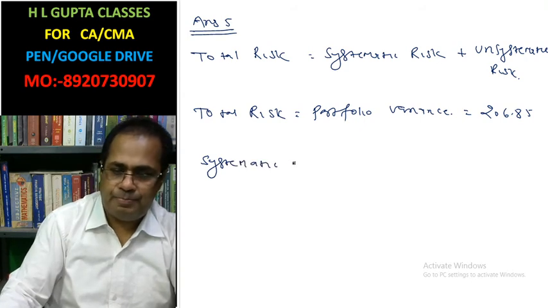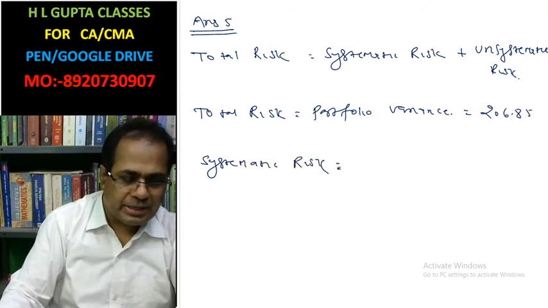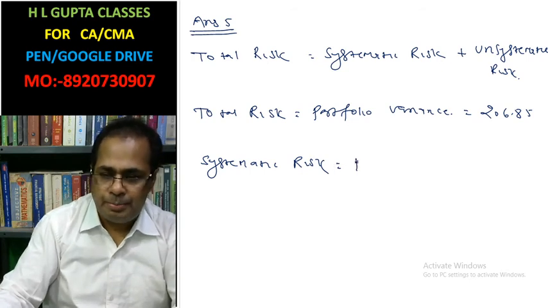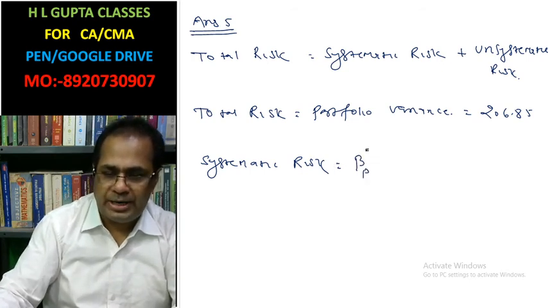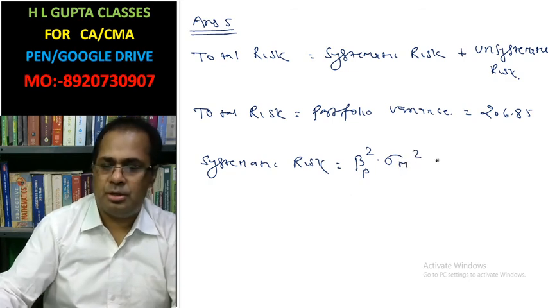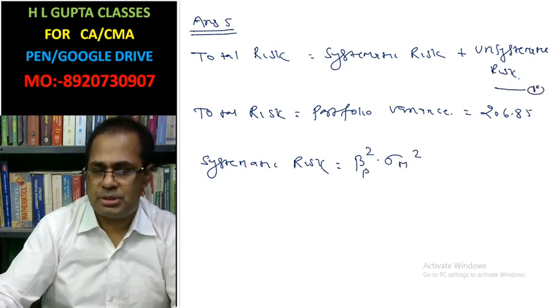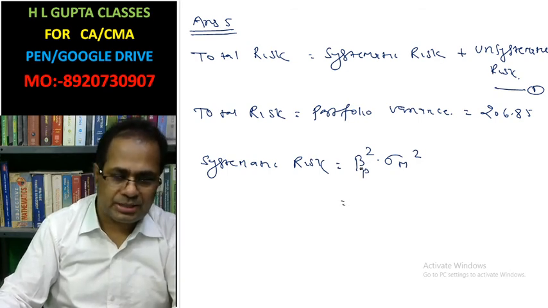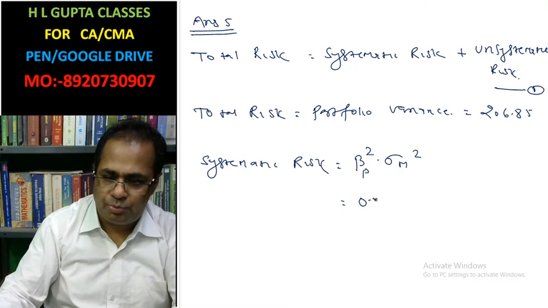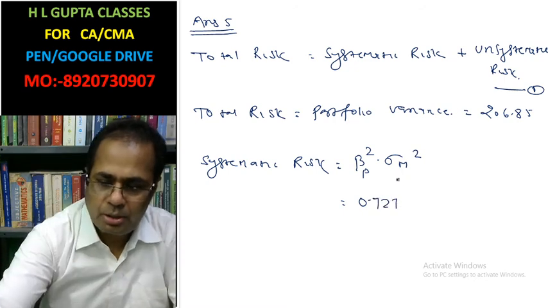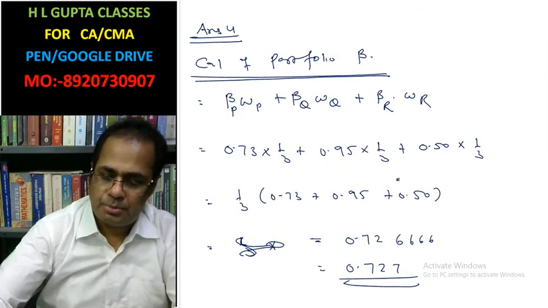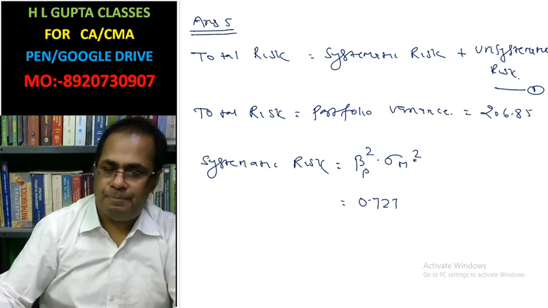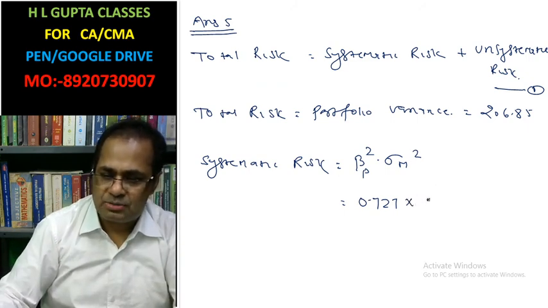Systematic risk equal to beta of portfolio squared times standard deviation of market squared. This is assumed equation number first. Beta of portfolio squared, that we have calculated, 0.727, this is the beta of the portfolio, into market standard deviation squared, that is 18 squared.